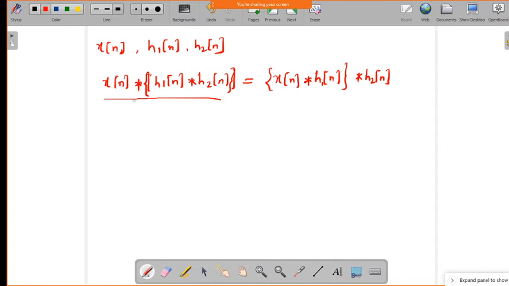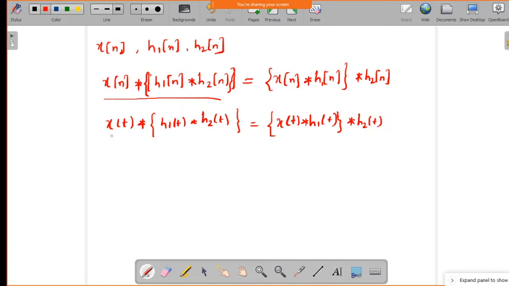For this one we'll take the continuous time case, because earlier we have taken the discrete time case. That is x of t convolution h1 of t convolution h2 of t, which is equal to x of t convolution h1 of t, and if you convolve this result with h2 of t, it will be the same.